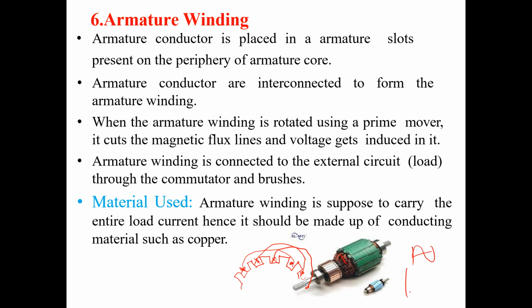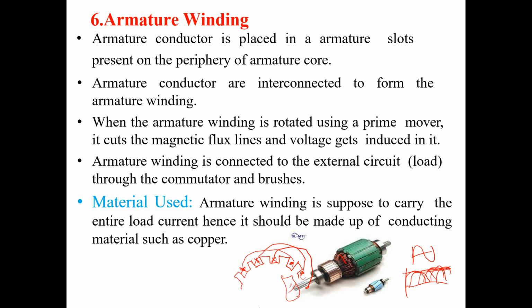If we have one coil, then the EMF is induced in such a direction as we said earlier. If we increase the coils, the EMF will increase, and there will be more uniform AC production in this coil. When the armature winding is rotated using a prime mover, it cuts the magnetic lines and voltage gets induced in case of a generator.